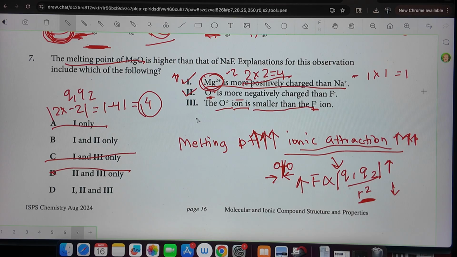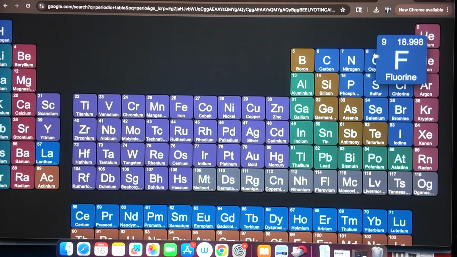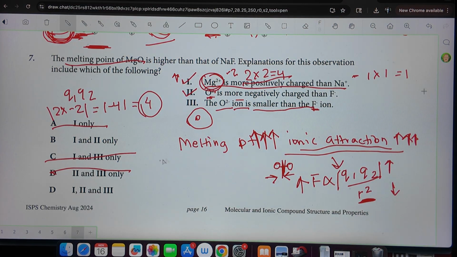Normally oxygen has 1, 2, 3, 4, 5, 6 valence electrons, and fluorine would have 7, so 1, 2, 3, 4, 5, 6, 7.